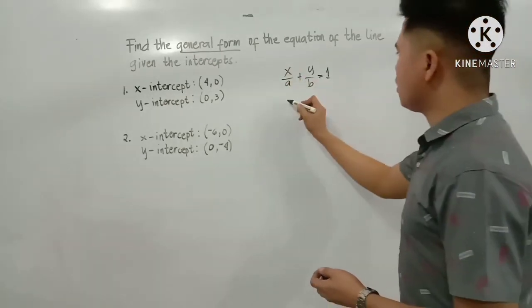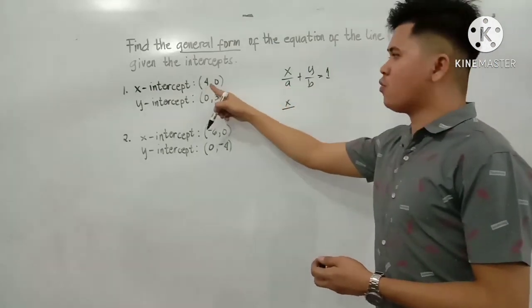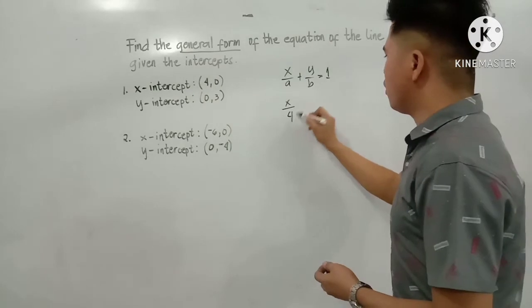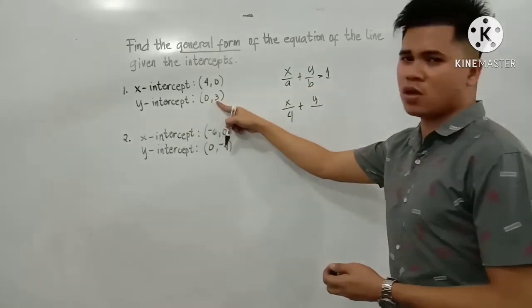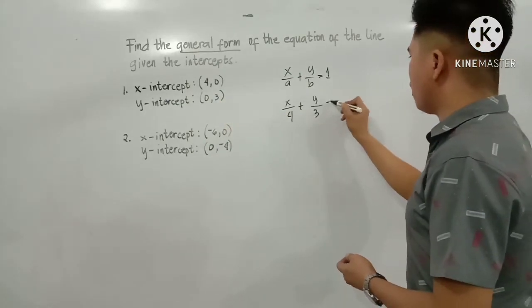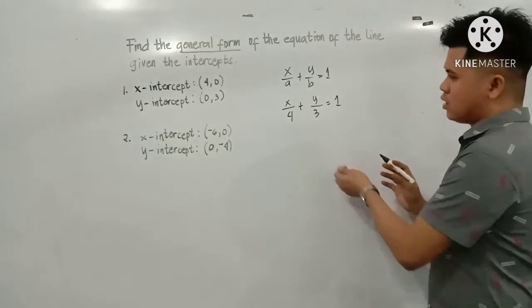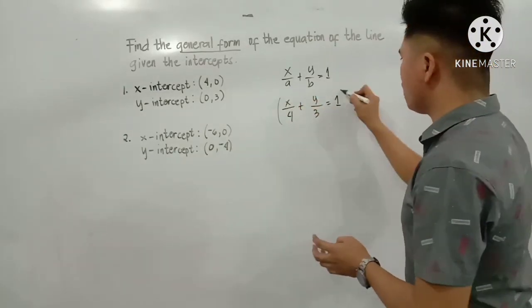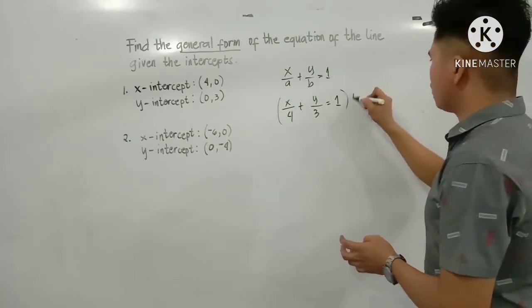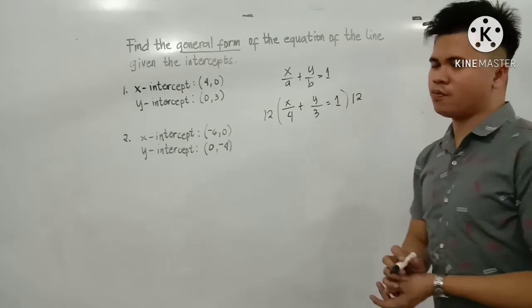So copy it again, x over, our a is referring to the x-intercept, so we have here 4, plus y over, our b is referring to the y-intercept, which is here 3, equals 1. Then we have to find the LCD between 4 and 3. So simply, the LCD is 12. So we have to multiply the terms by 12.